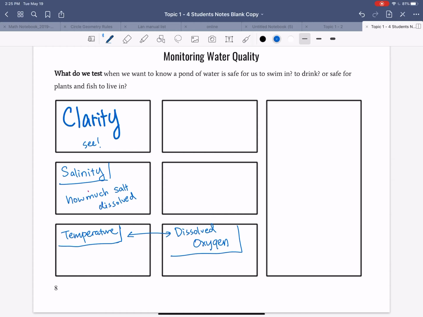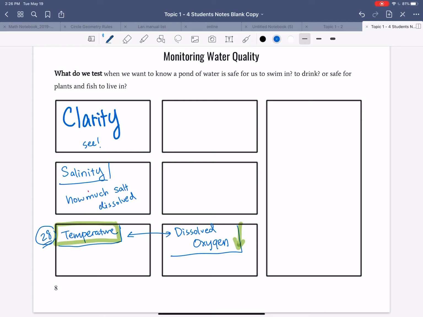Why is that? Because if you have a really high temperature, dissolved oxygen is going to decrease. For example, if the river is really polluted by bacteria and the temperature of the river rises to 28 degrees, that's really warm, really hot for river water in nature.